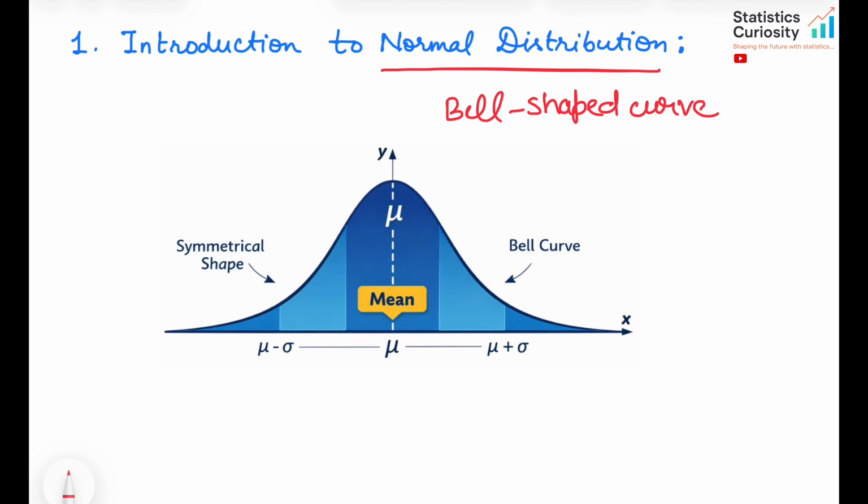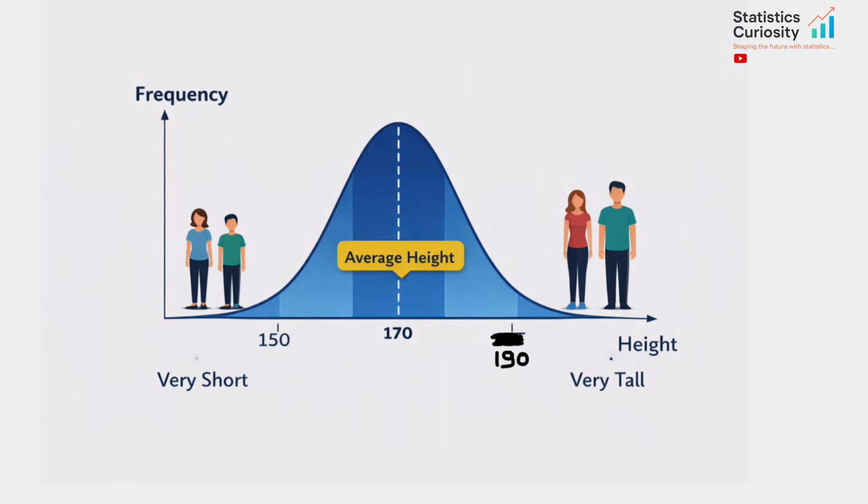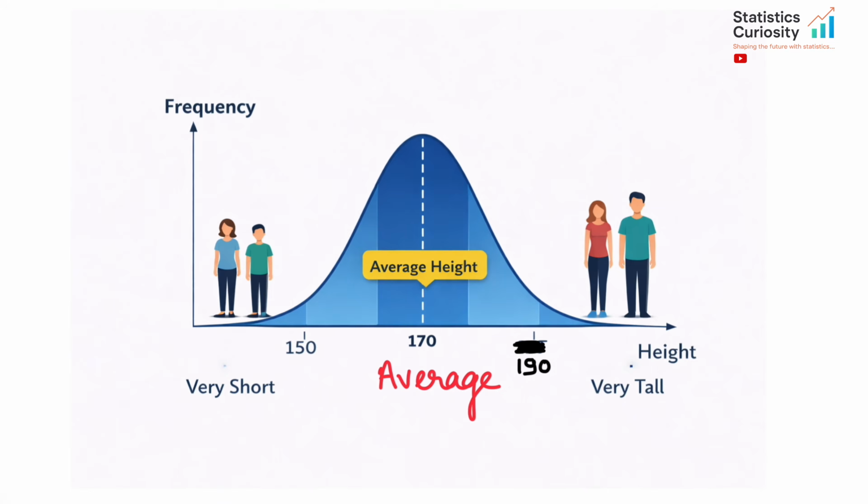Okay, so before we go into these mathematical derivations, let us first try to understand where the distribution appears in real life. Imagine that we have heights of thousands of people in a population. Okay, and we will notice something very interesting. Most people will have heights close to the average height, and very few people will be extremely short or very tall.